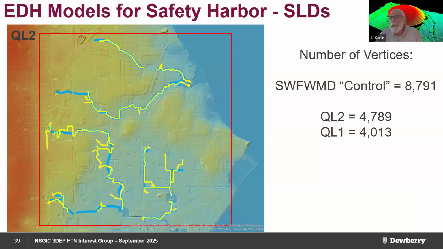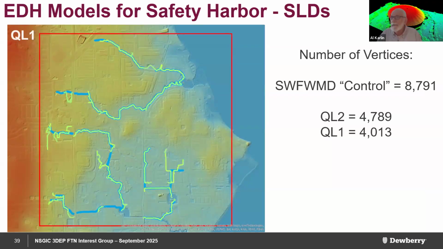Just to show you what the lines look like, and remember, I'm only restricting my analysis to these lines out here, the yellow lines are the lines that were generated through that EDH process from QL2 LiDAR data. Here are the lines that were generated from QL1 LiDAR data.